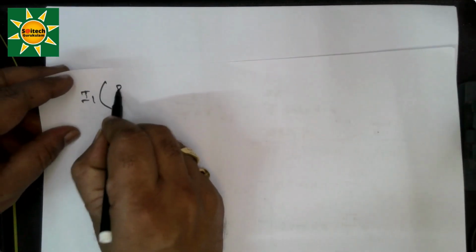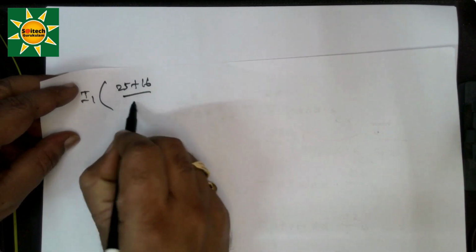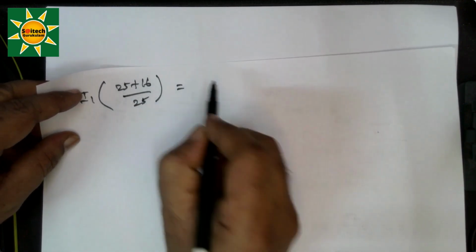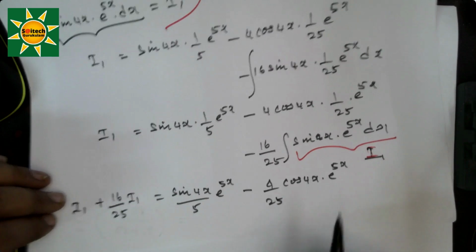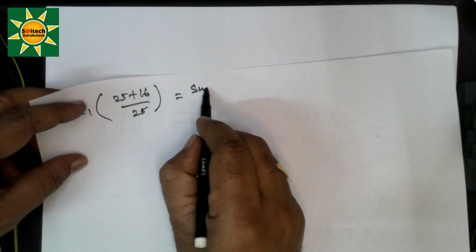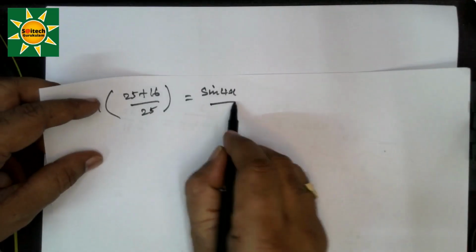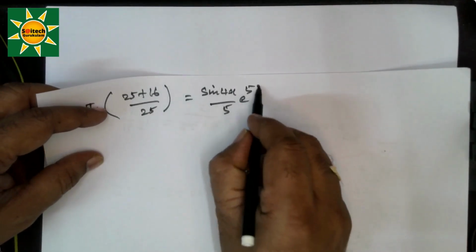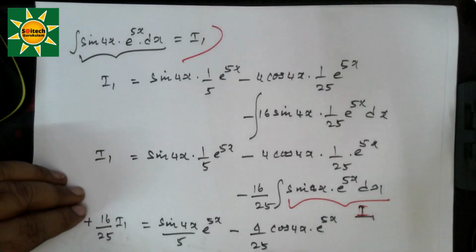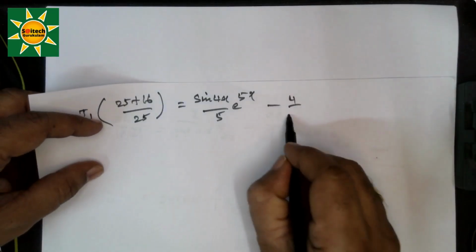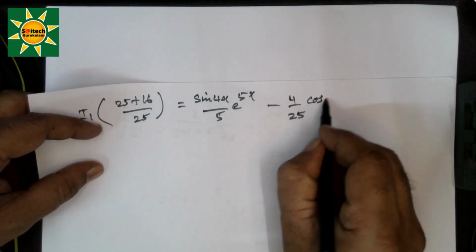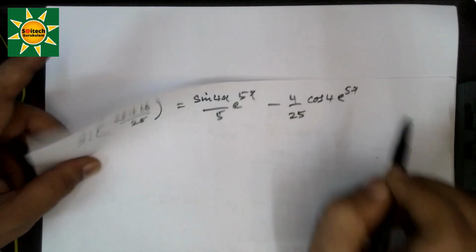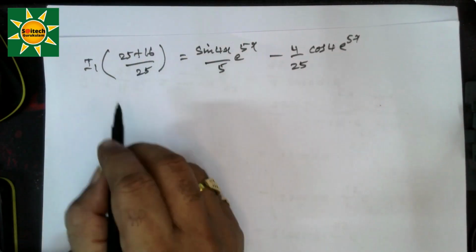So that is taken as LCM, 25 plus 16 divided by 25, is equal to the remaining term, sine 4x divided by 5 into e power 5x minus 4 by 25 cos 4x e power 5x. Got it? Right. Now this is 41 by 25.